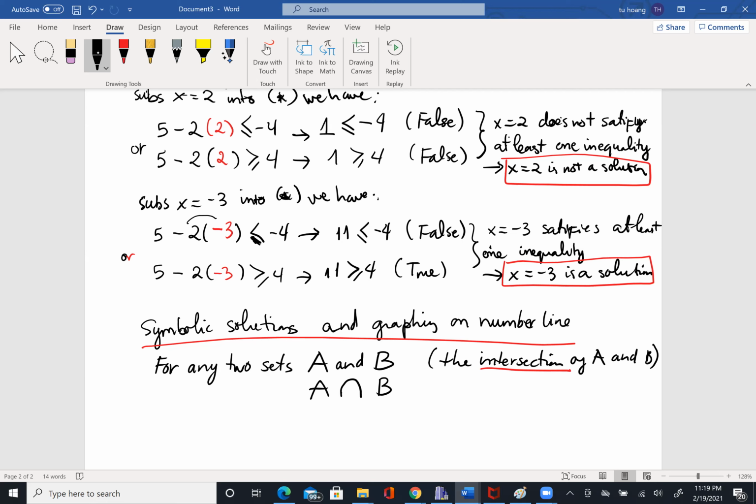The notation is like a U but upside down. We call this the intersection notation.